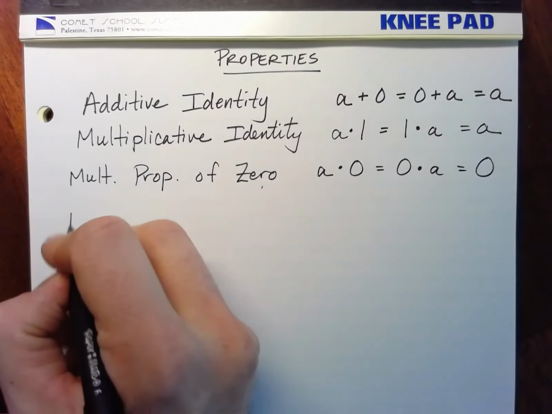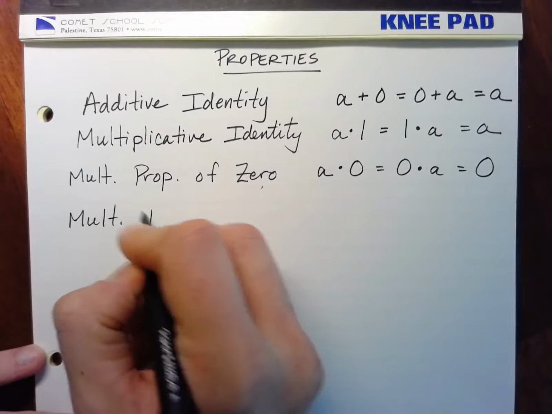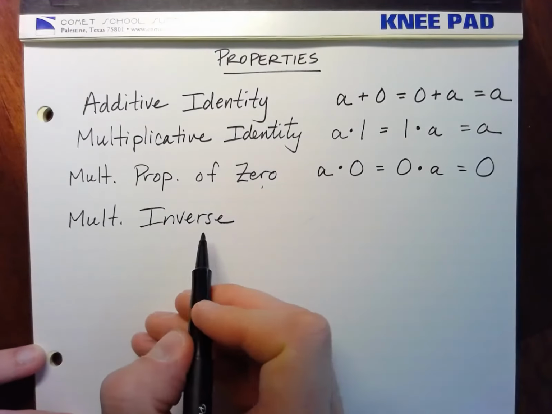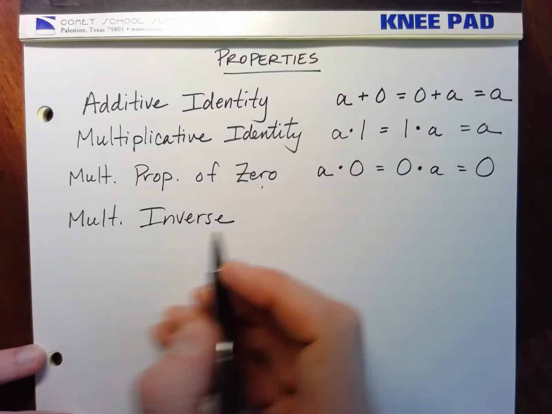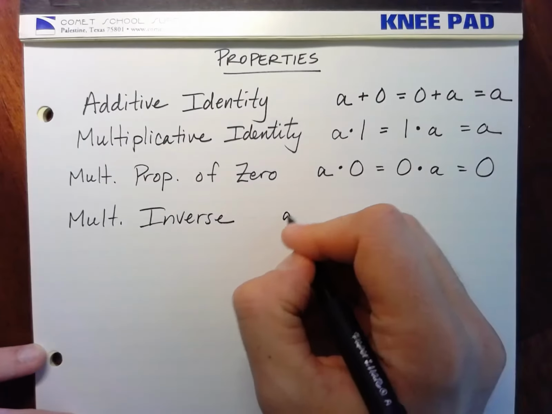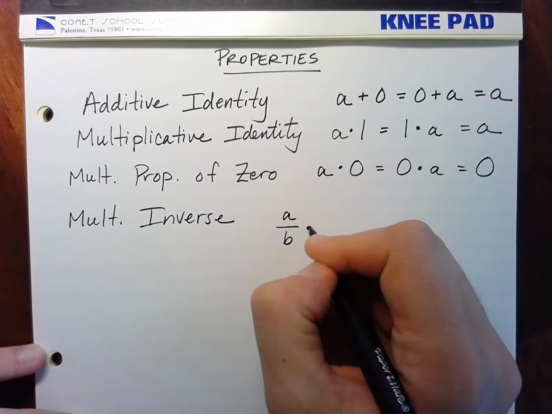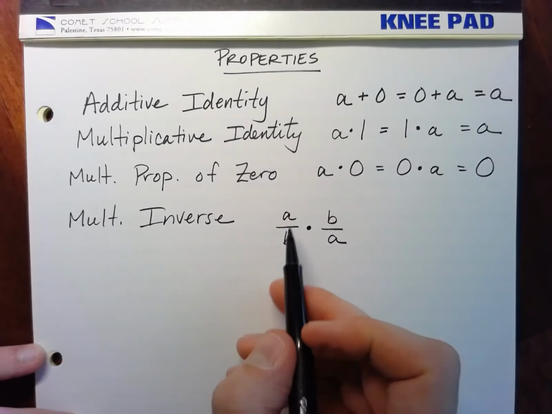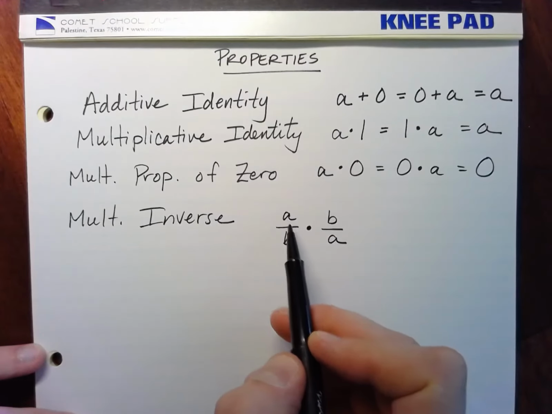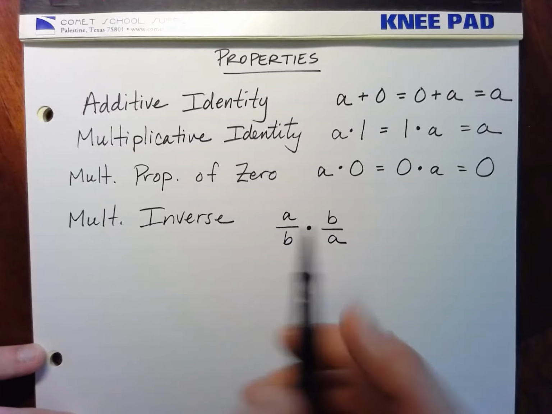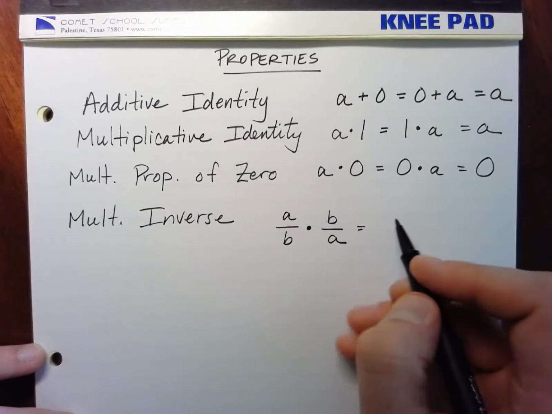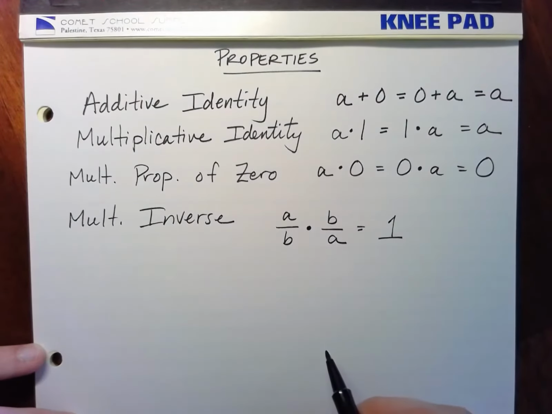We also have the multiplicative inverse. This is like the opposite, the multiplicative inverse. Okay? And so that says that any number times its reciprocal, and I'm writing this as a fraction because we can actually write any number as a fraction, and you'll see that. Well, almost any number. Times its reciprocal is 1.